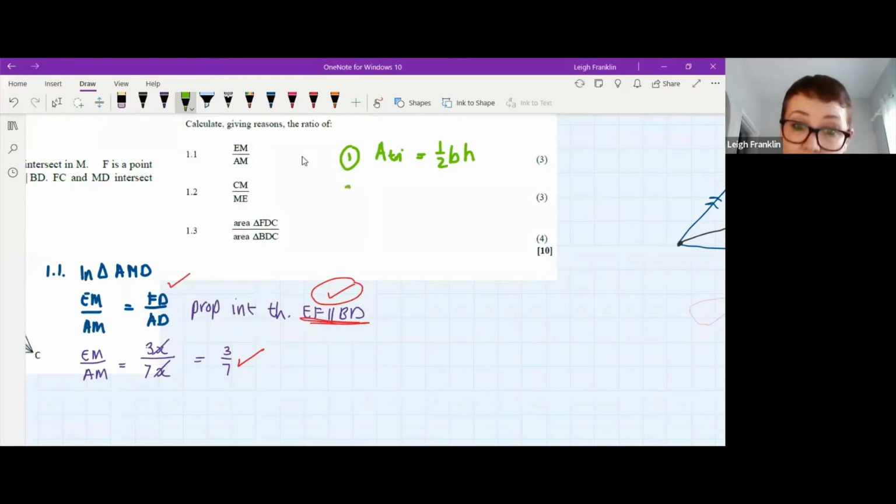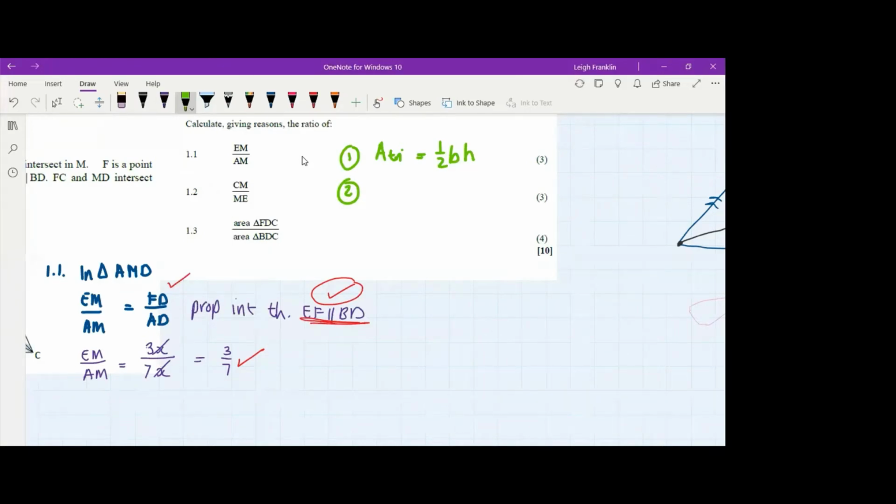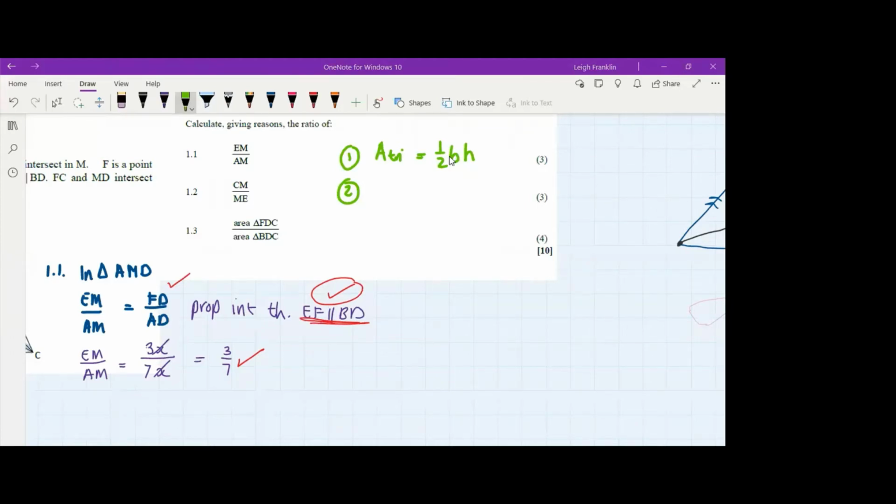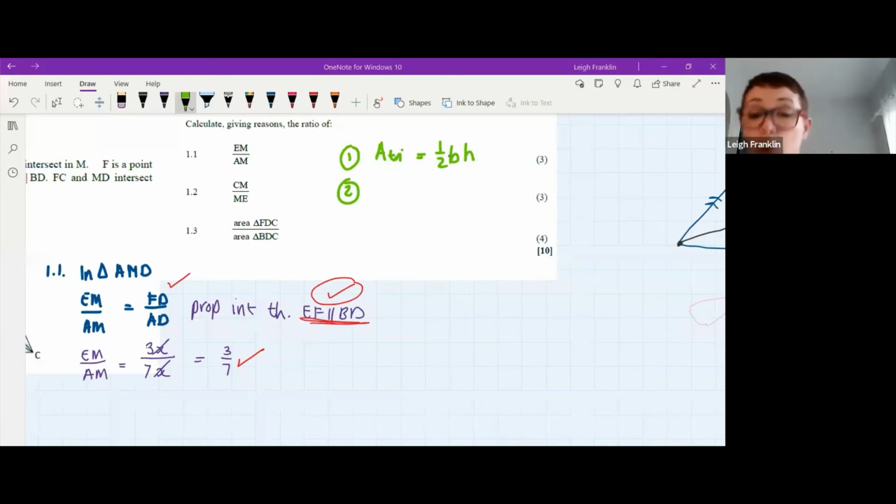Not that we're going to do it that way, but there's another way we can do it as well. Length times breadth. Good option, but length times breadth is for a rectangle.